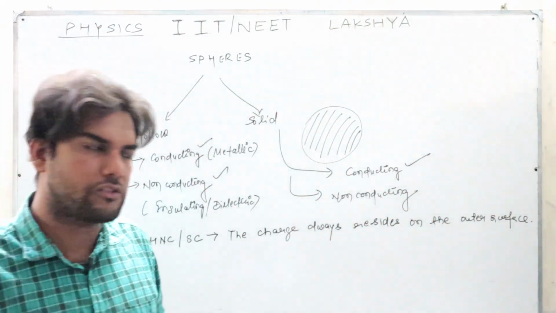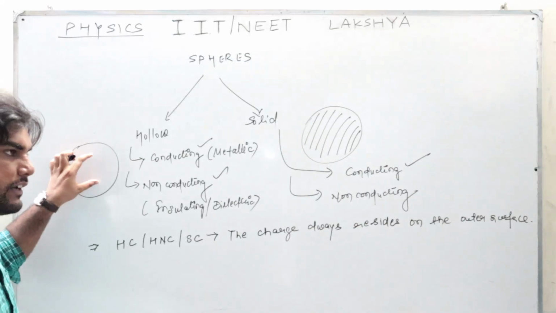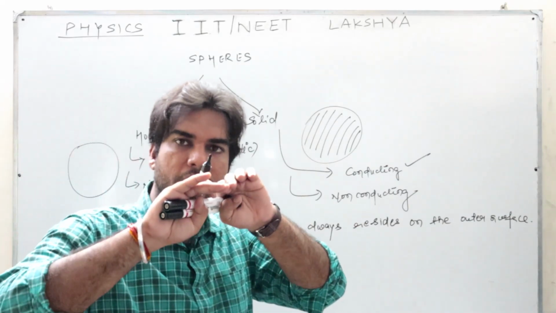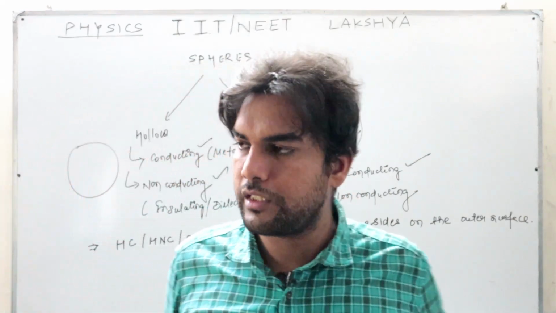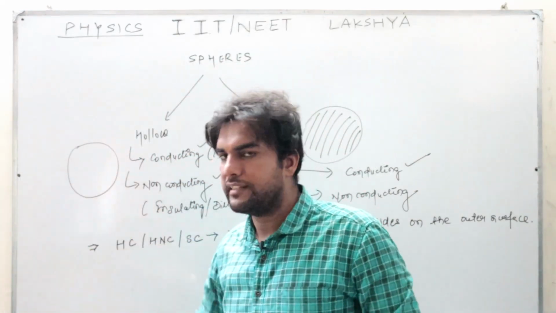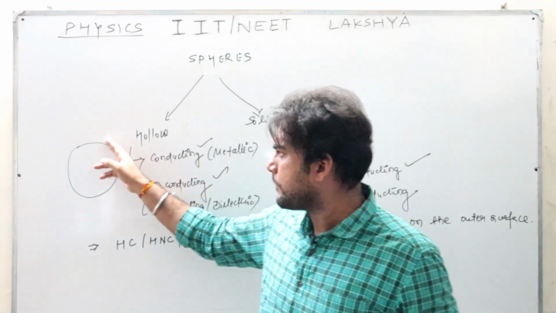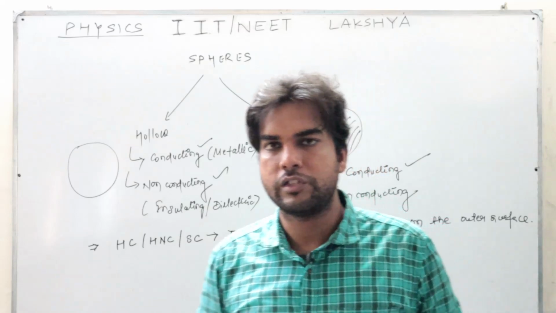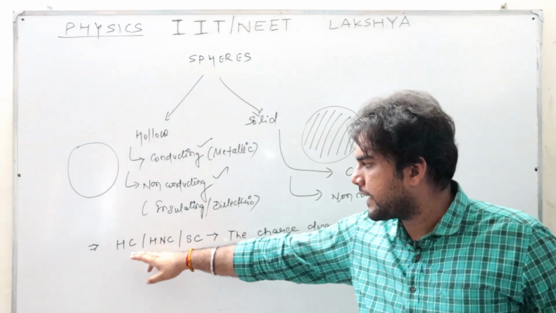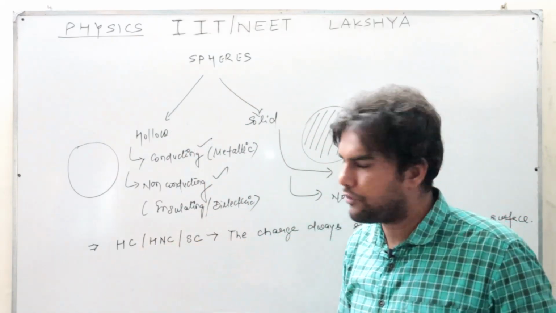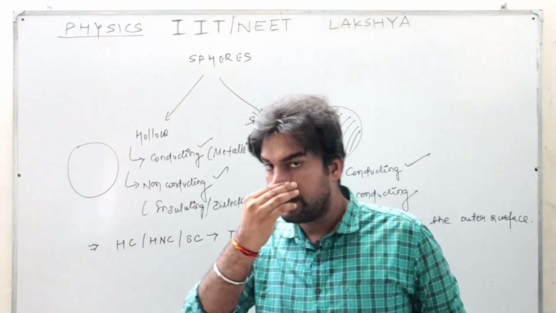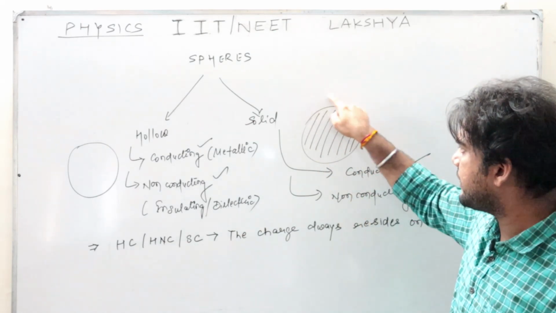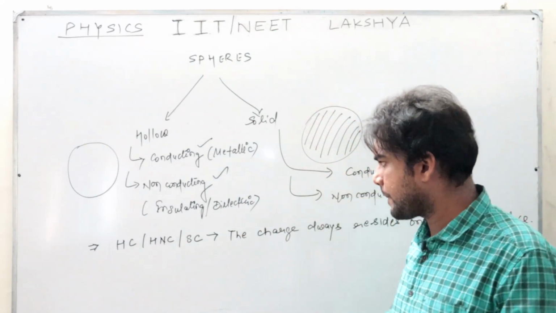When we inject a charge to this sphere, the charge will accumulate automatically on the outer surface of the sphere. Charge will not stay inside the sphere, but it will distribute on the outer surface. In hollow anyway charge cannot stay inside, but in solid conducting also, if we are giving a charge to this body, automatically it will appear on the outer surface.